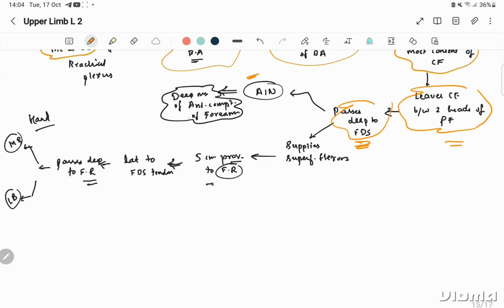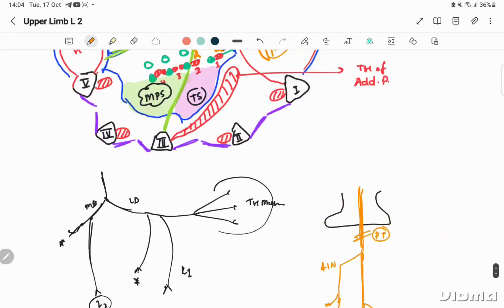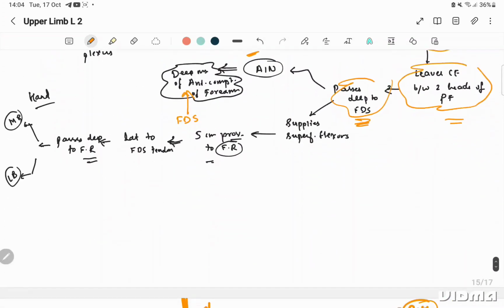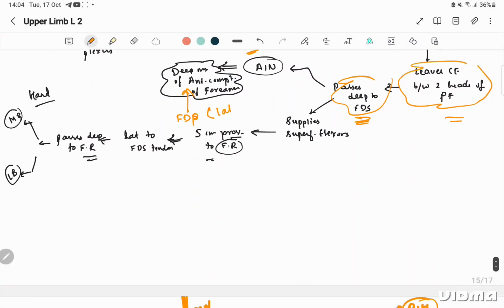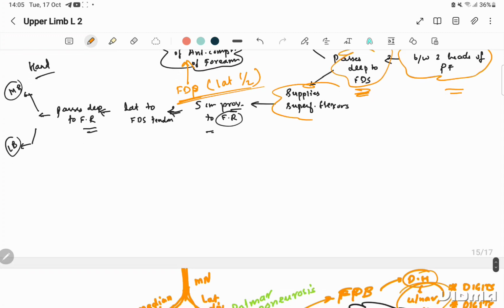Anterior interosseous nerve supplies the deep muscles of anterior compartment of forearm. If I give an example, the lateral half of flexor digitorum profundus, FDP, and another branch supplies the superficial flexors.